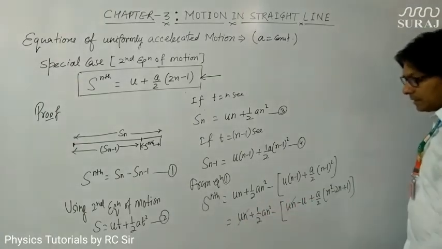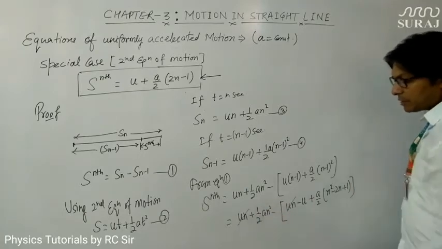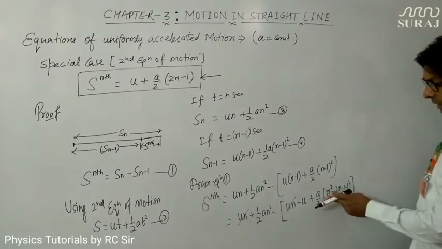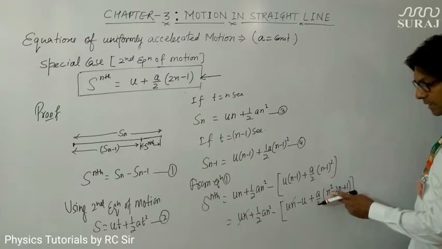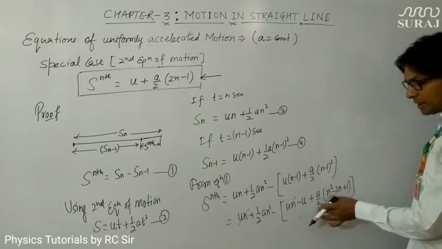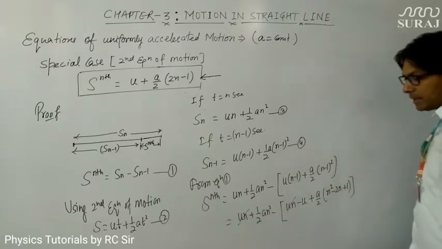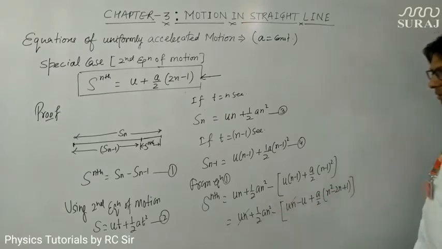Half an square is positive and this half an square is negative because the sign is negative, so these terms cancel out.